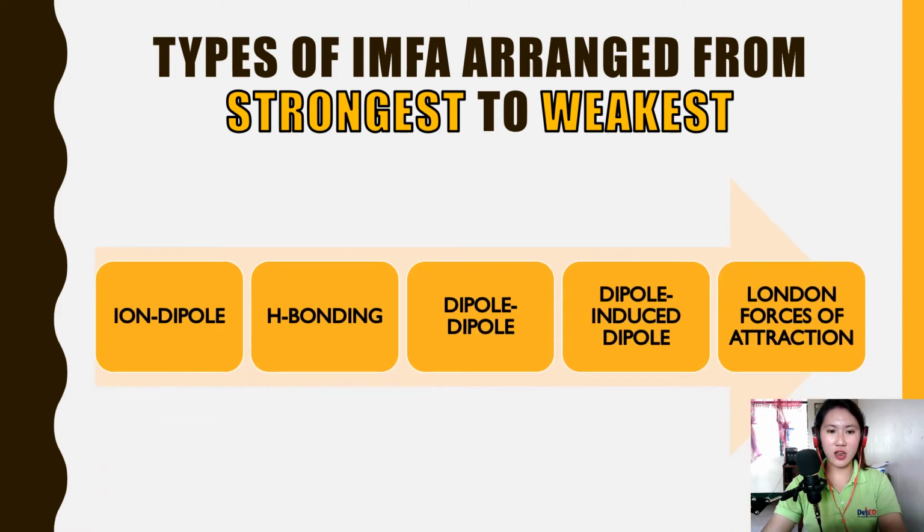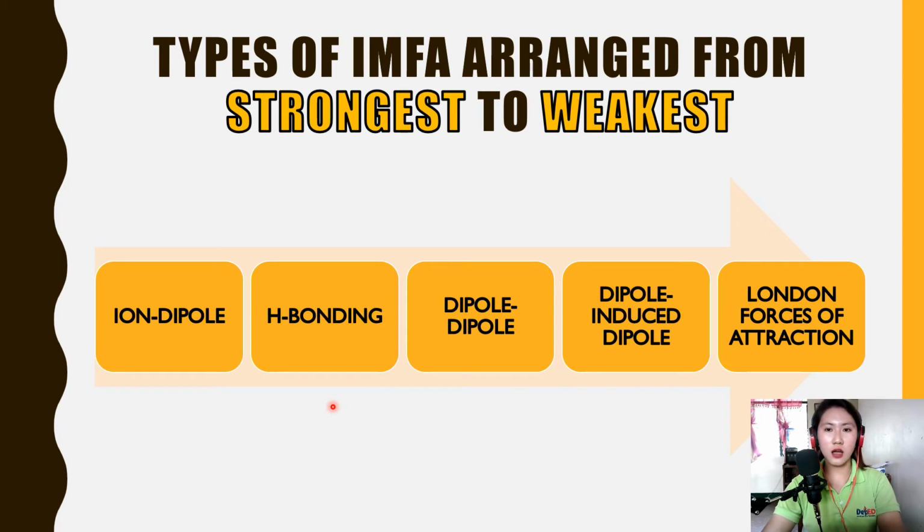Ion-dipole is the strongest. Next are hydrogen bonding, dipole-dipole, and dipole-induced dipole. Then London forces of attraction are the weakest. I will not be going into details on these types since I will be discussing them in the next module.